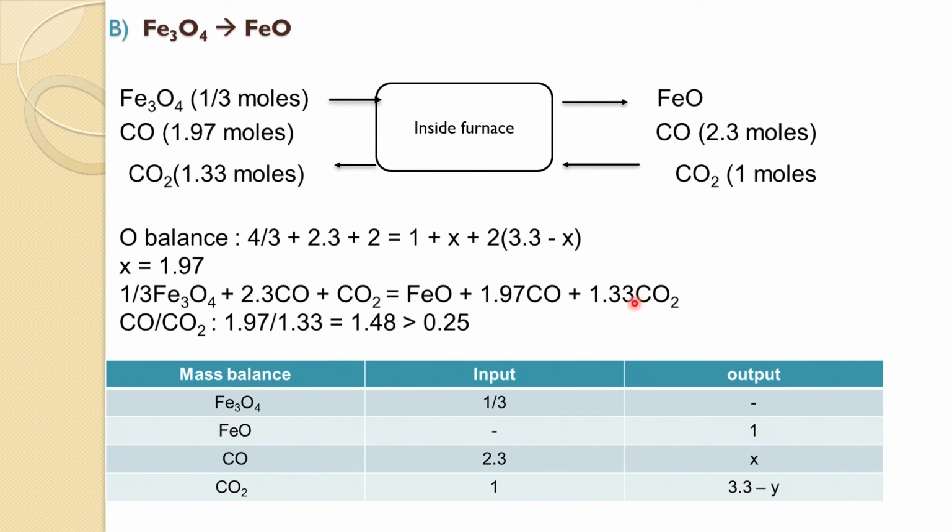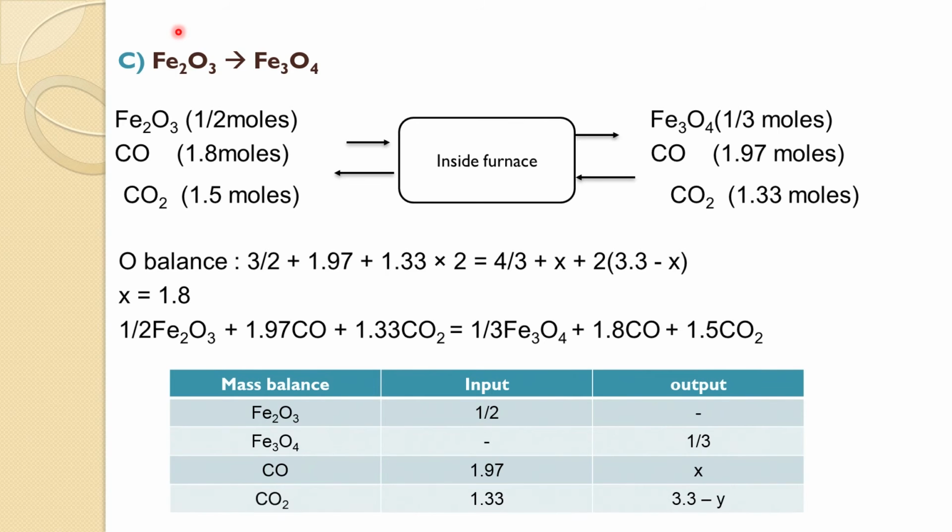When we balance this equation, the CO2 ratio after the magnetite, when it comes out, is about 1.48, and what is required is about 0.25. So, this is much greater than that. So, it satisfies even that condition of reducing Fe2O3 to Fe3O4.